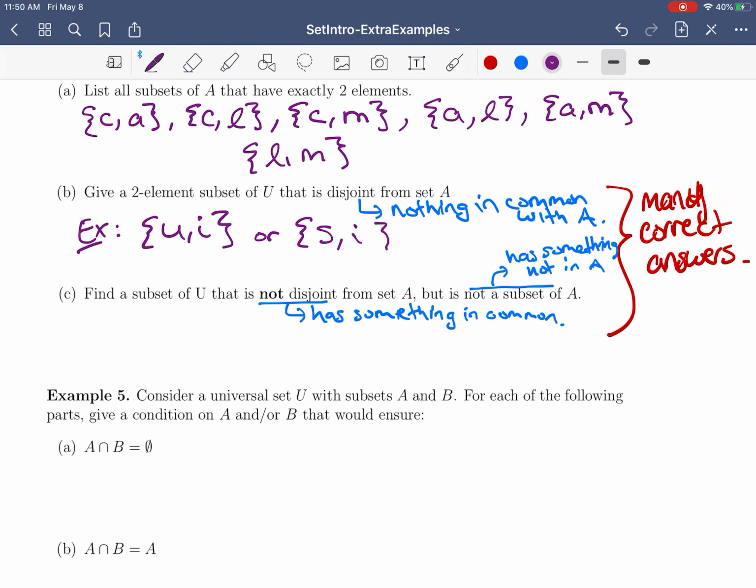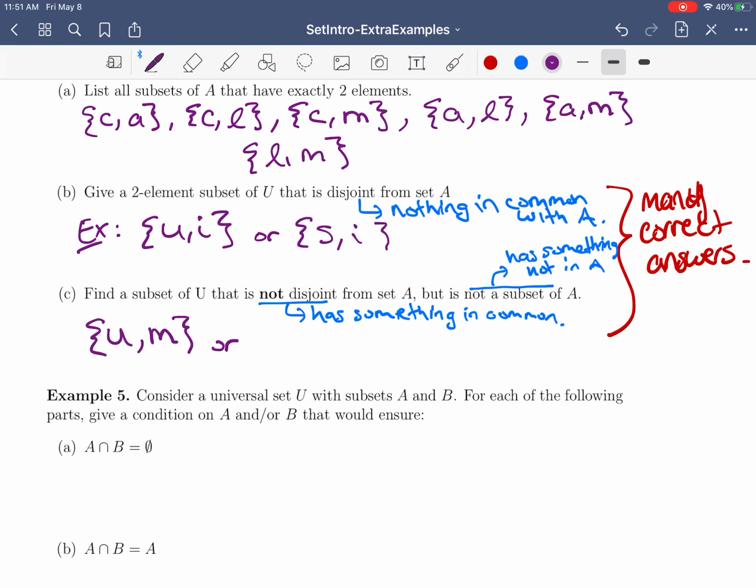Okay, so again, there's going to be lots of different answers here, but we could take something with a U and maybe an M. Okay, so it has two elements. It's a two-element subset, but it's not disjoint from A because it has the M in common, but it's not a subset of A because it has a U, and U is not in A.